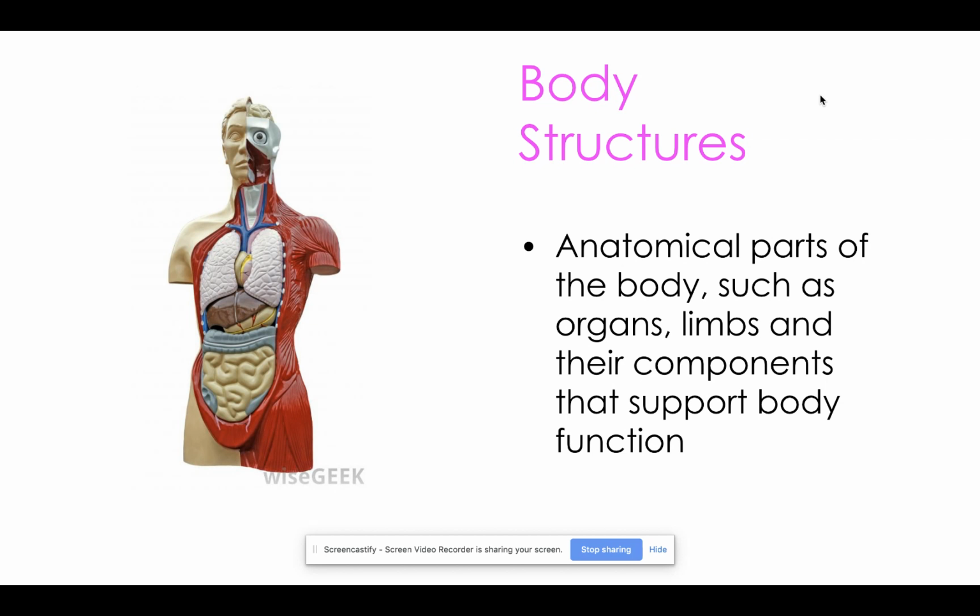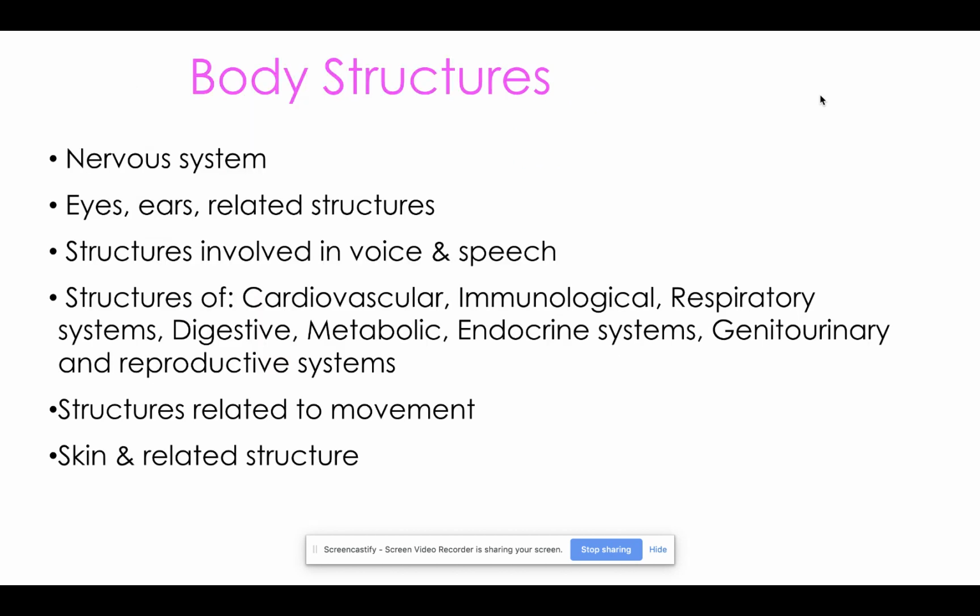If your colon was not twisted as much as it is there, it would not provide the anatomical structure of your stomach area. Same thing with the muscles. If you didn't have your quadricep muscles, which are in the front of your legs, that would not provide the structure for your legs. So that's what we're talking about when we think of body structures.